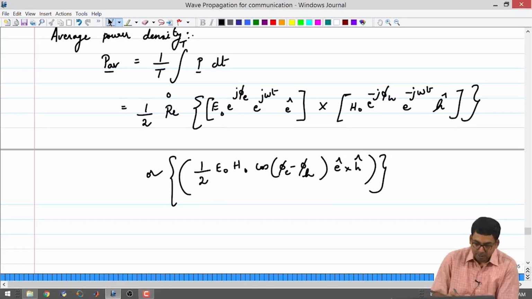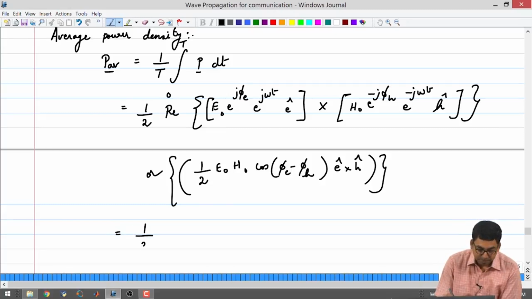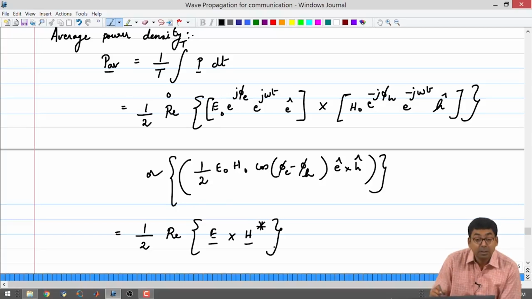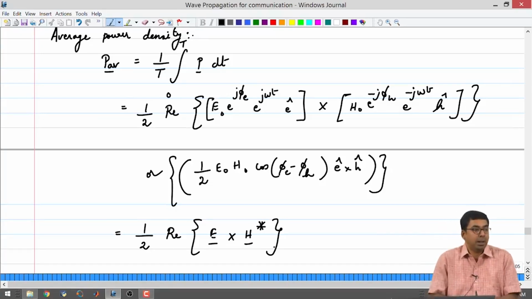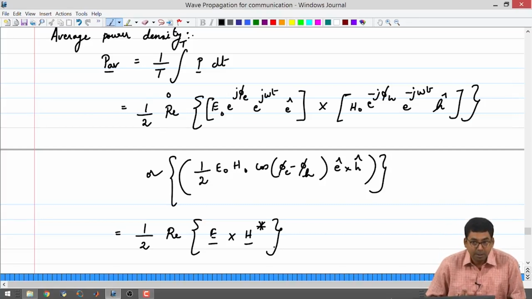which just means that we could always write down the average power to look like half real part of E cross h complement. So, E cross h complement is the correct way to write the actual power. The complement there comes because you have a phase difference between E and h, phi E minus phi h.